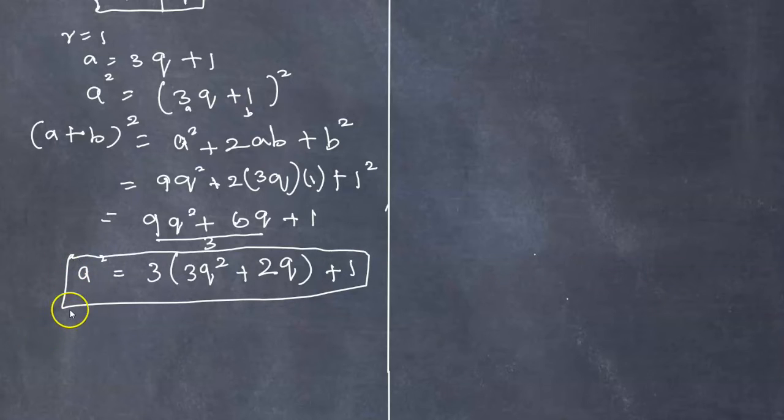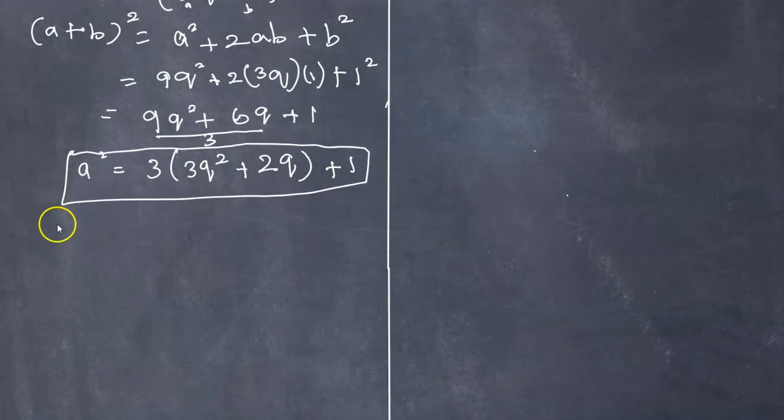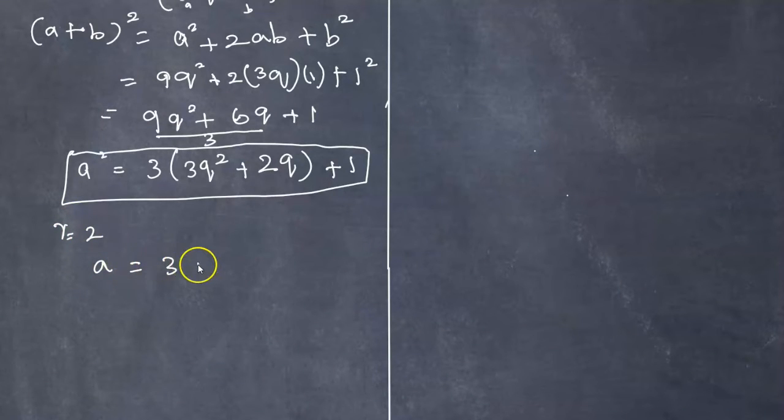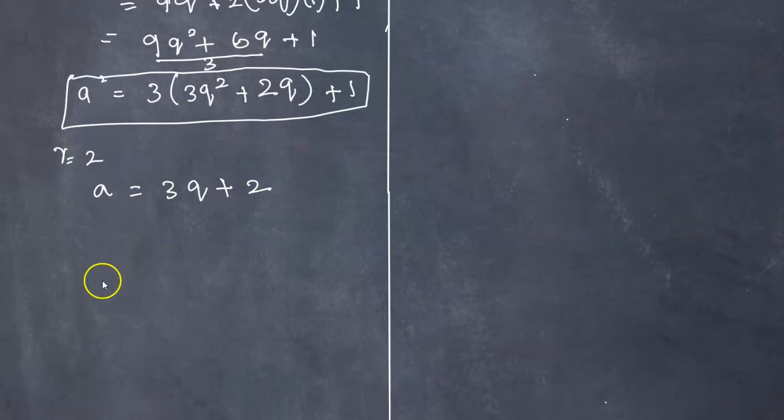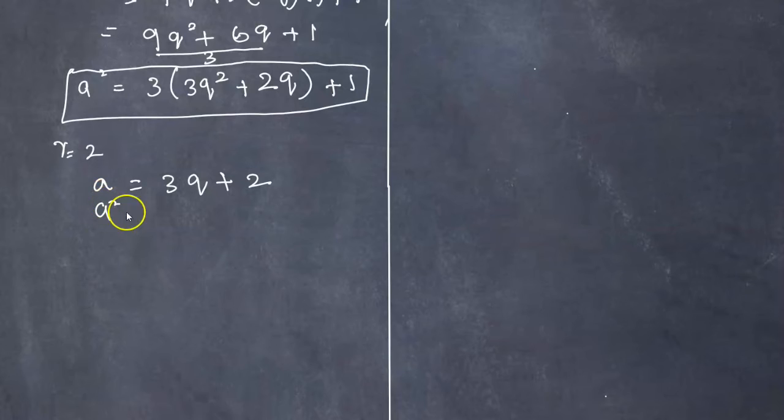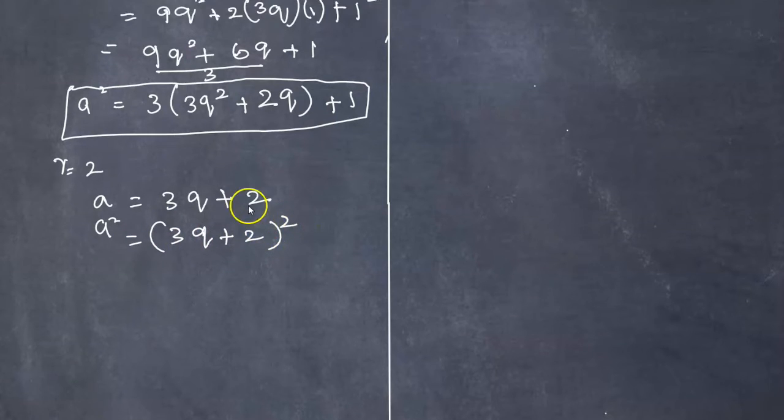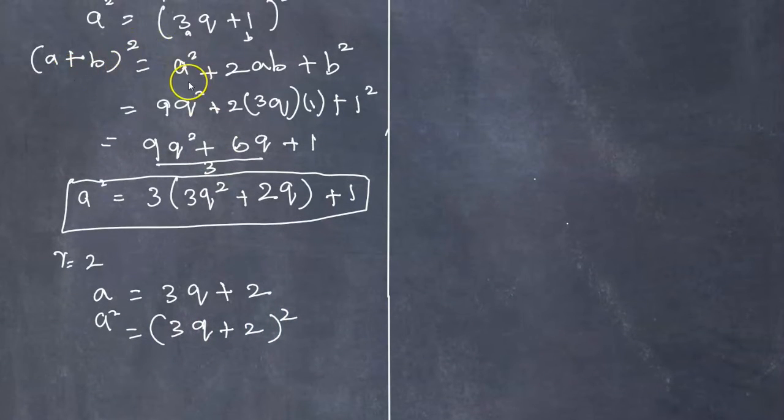Okay. Now, substitute the R value as 2. R equals 2. So, A equals 3Q plus R value is 2. So, again we have to square this equation. A square equals 3Q plus 2 the whole square. So, (A plus B) the whole square formula is A square plus 2AB plus B square.